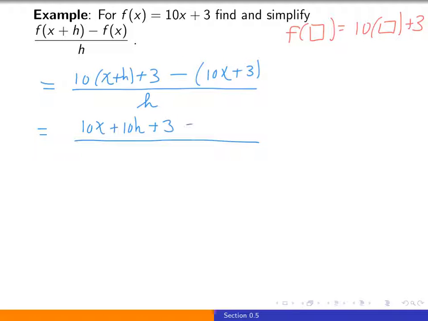So minus 10x minus 3, all over h. And noticing in the top we have a positive 10x and a minus 10x, positive 3 and minus 3. What's left in the top is a 10h, and we're dividing by h. So all that we have left is a 10.